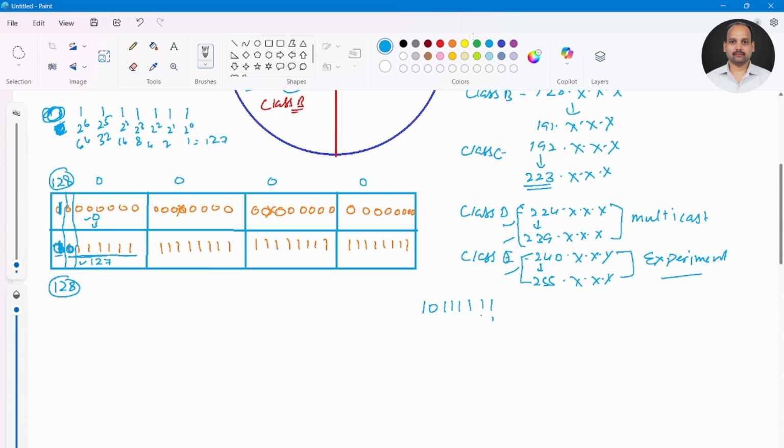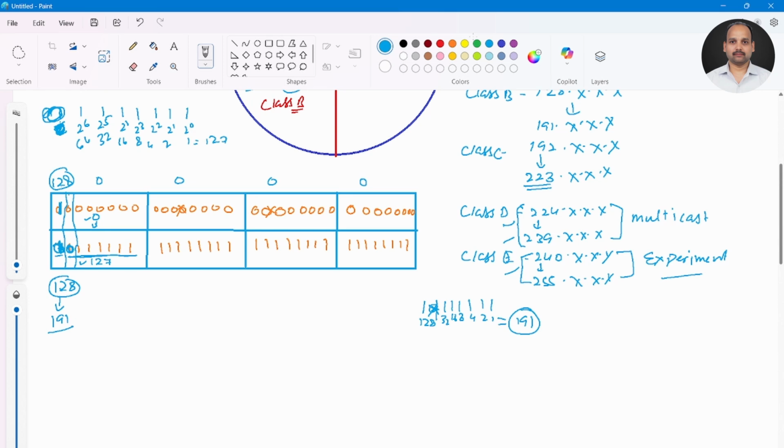So this is the 1, this is the 2, this is the 4, this is the 8, this is 16, this is 32, this is the 0, and this is the 128. If I calculate the total, the value will be 191. So your range for class B is from 128 to 191.